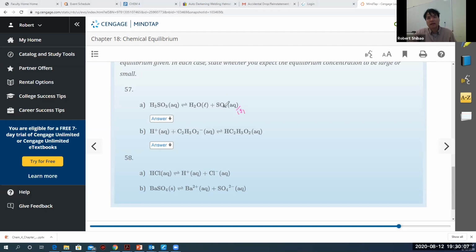So we say gas formation is one driving force, but another driving force is going from a stronger acid to a weaker acid, sulfurous acid to sulfur dioxide. But this is one I asked you to memorize. I asked you to memorize 3.